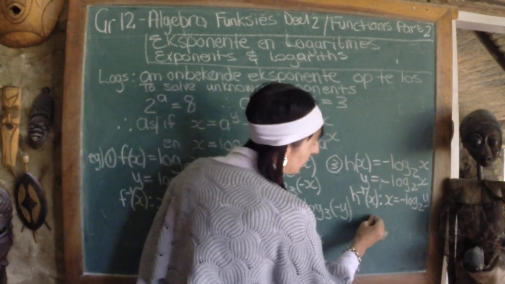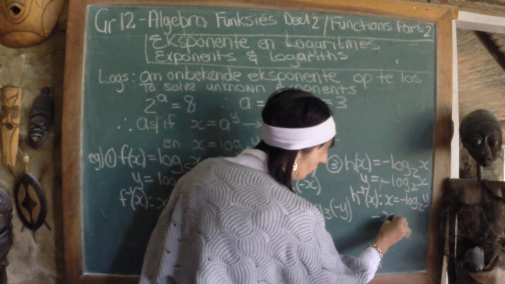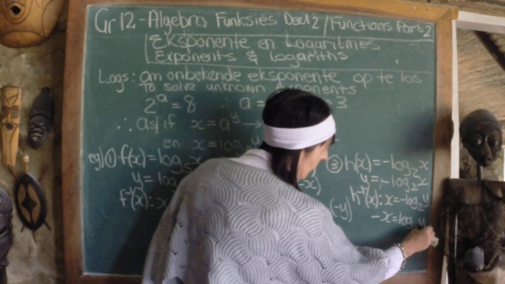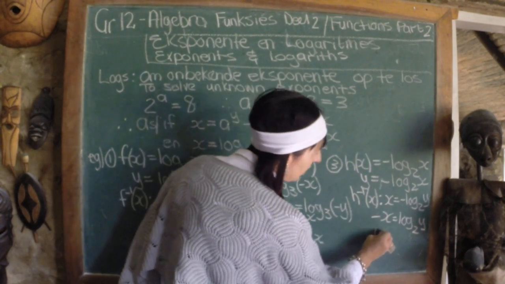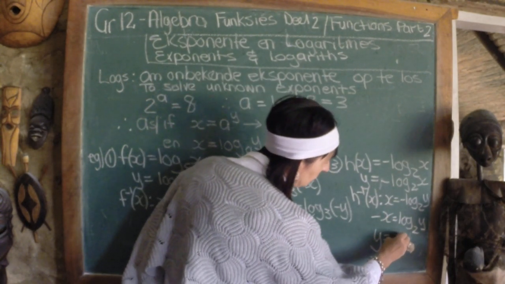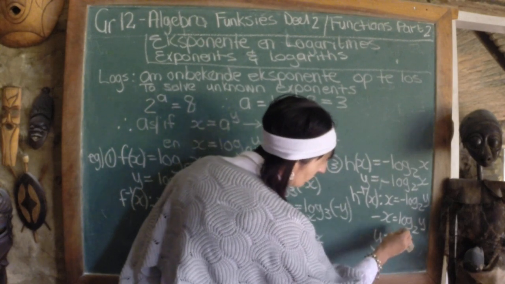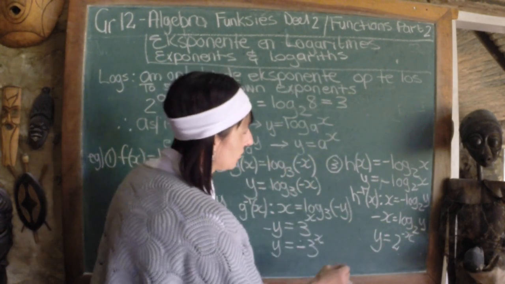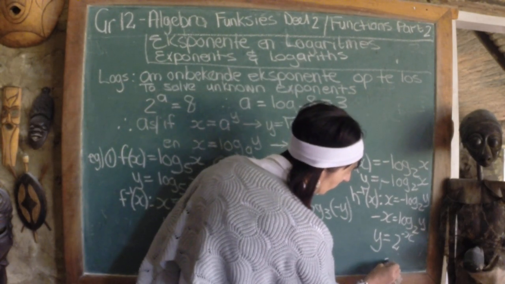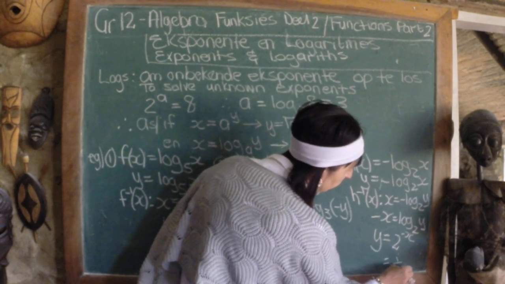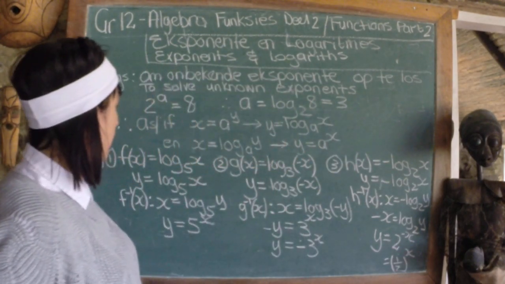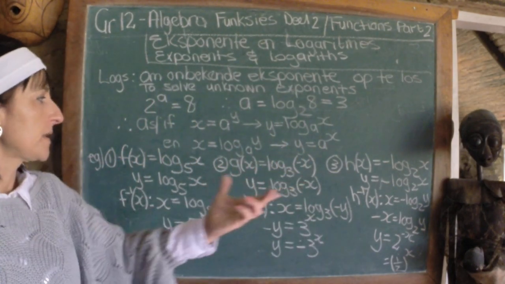So I'm going to divide first with minus 1 on both sides. So now I can write it in terms of y equals 2 to the power of minus x. And we also know from grade 12 that this is also equal to a half to the power of x. Not so? So now we have our log functions.